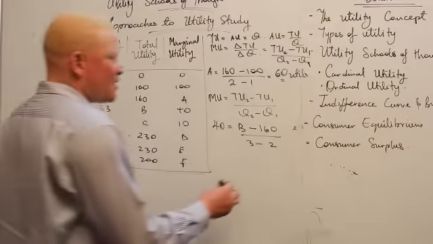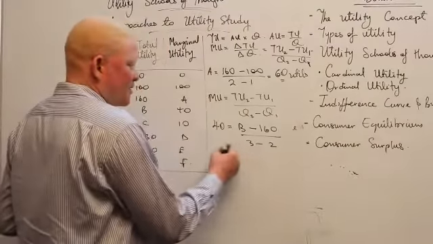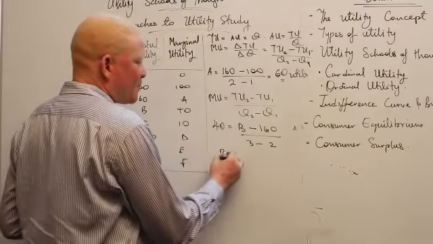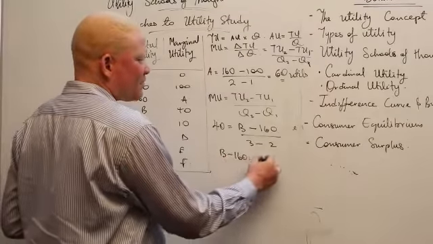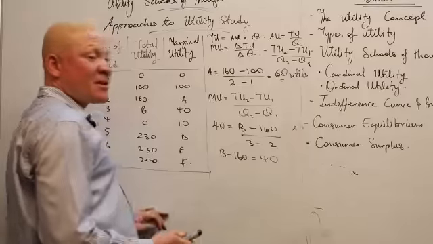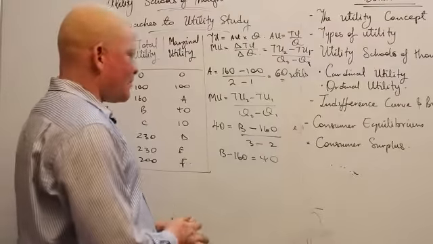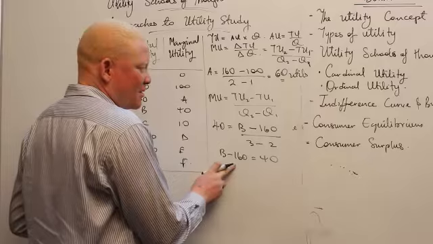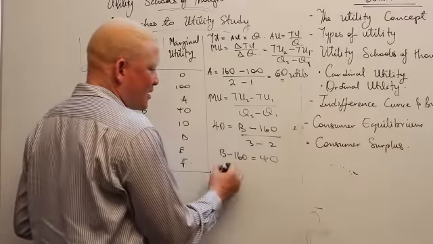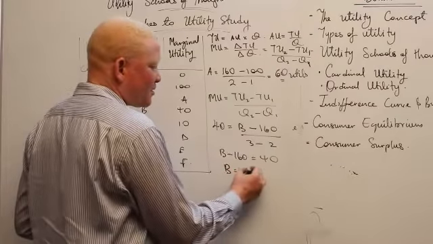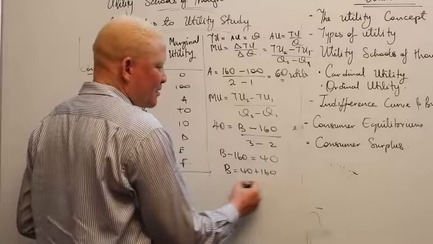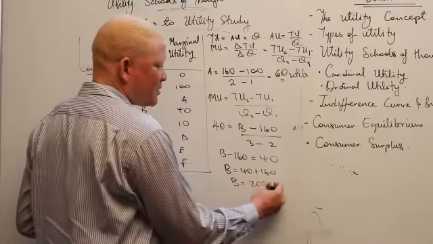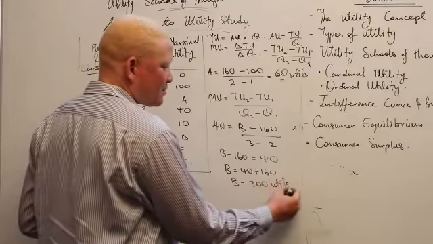Now I have 3 from 2, you have 1. 1 times 40, I have B minus 160 equals 40. And using mathematical manipulations, this will cross the equality sign. I have B is equal to 40 plus 160. That means the total utility there is equal to 200 utils.